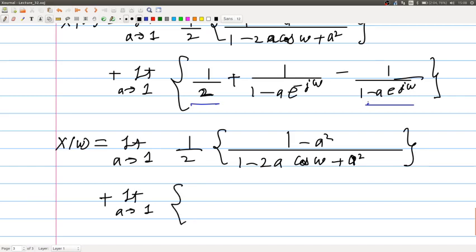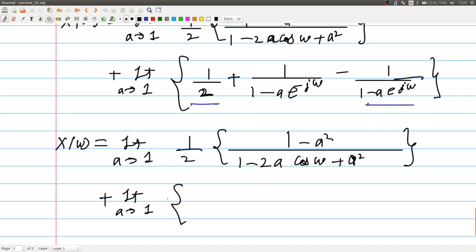So you should rearrange this. I am just skipping a few steps so that we can cover it in a shorter time. Right, so let me directly write the simplified version.